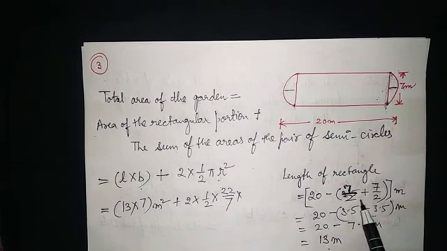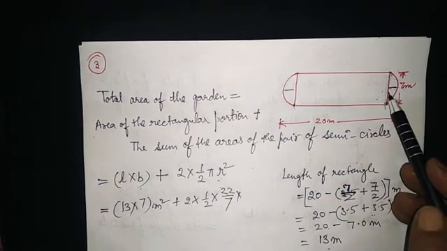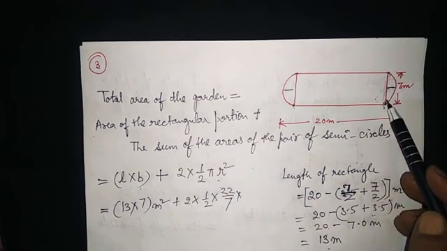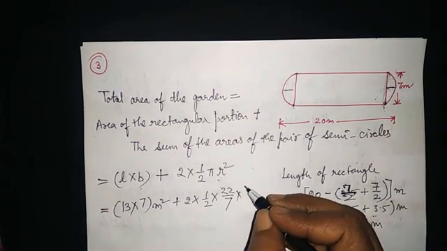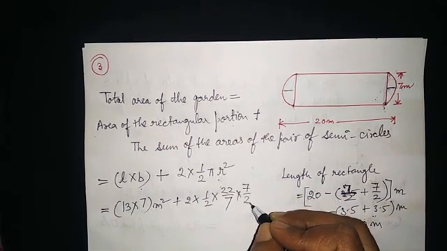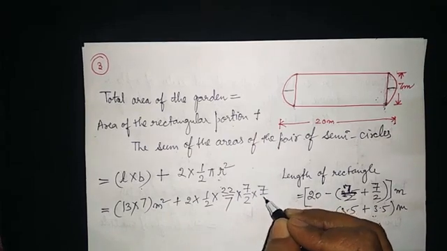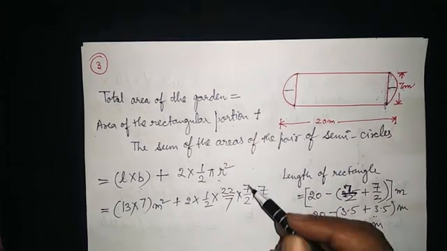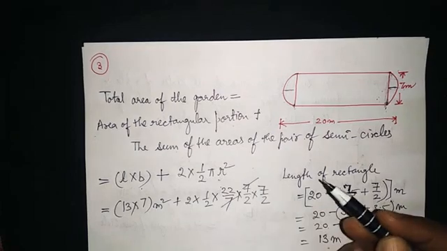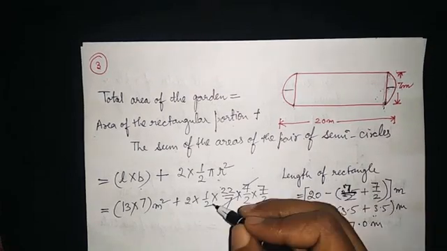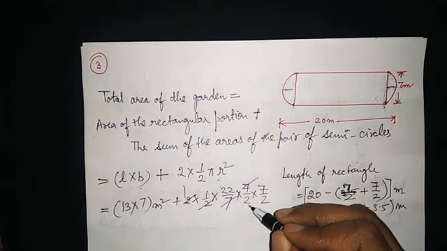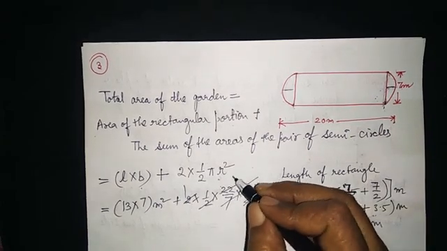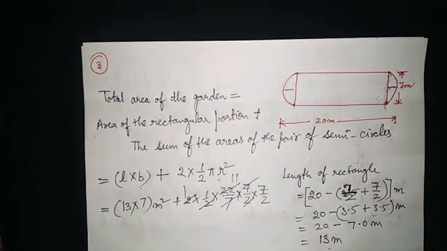And for the radius we will take half of the diameter, half of 7, so 7 upon 2 into 7 upon 2. Now this 7 and this 7 cancel, and this 2 and this 2 we can cancel. Here 2 ones are 2, and here 11 is coming.